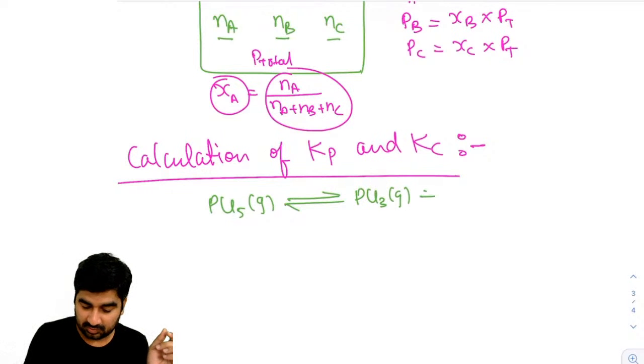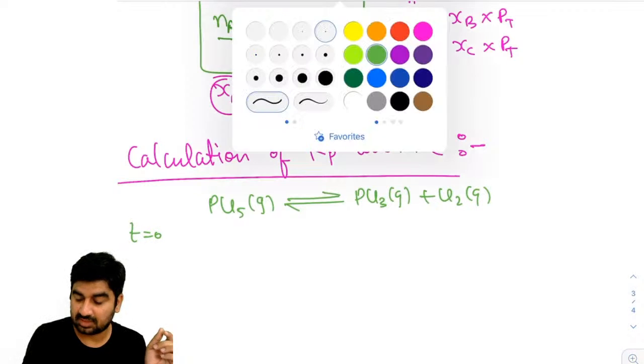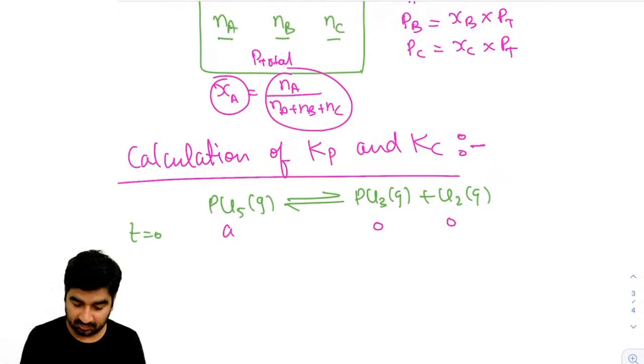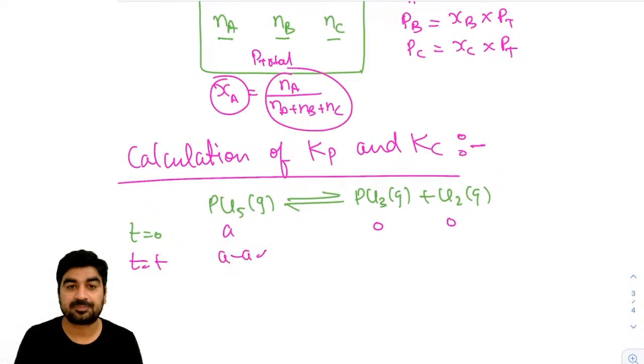At t equal to 0, suppose I take a moles, the others are 0, and the degree of dissociation is alpha. So it will be A minus A alpha, A alpha, A alpha.